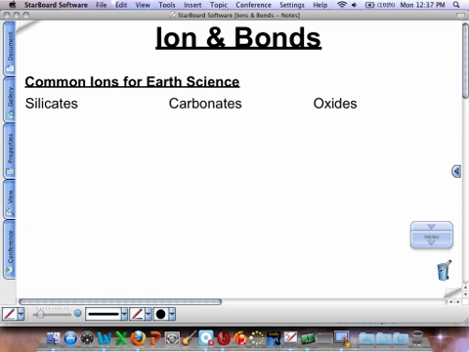Now, when we think about ions, these are the things that are kind of important for our science, especially when we start talking about the types of minerals. And so these are kind of important for you guys to recognize in their formats. SiO4 is called silicate. It makes up over 85% of all the minerals on Earth.